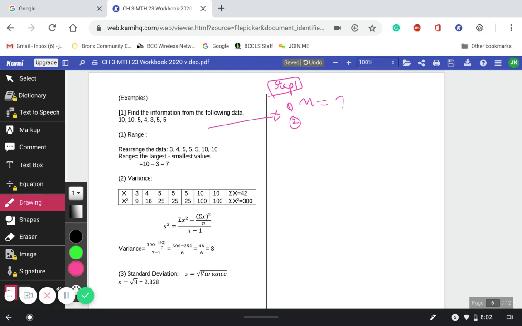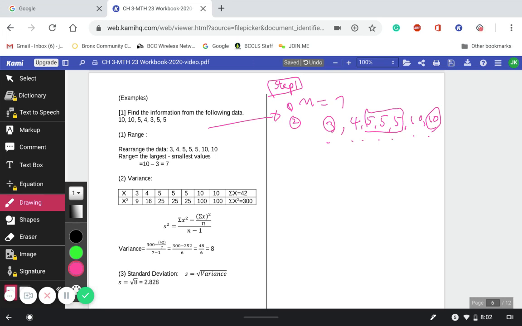So the smallest one is 3, 4, 5, 5, 5, 10, 10. And then you count one more time after you circle the last one: 1, 2, 3, 4, 5, 6, 7. So you didn't miss anything. Now they didn't ask, but hey, what was the mode?